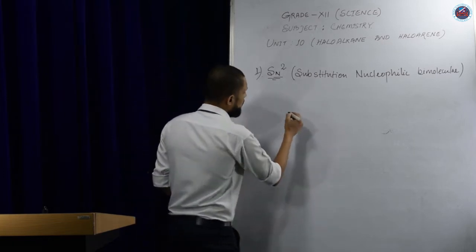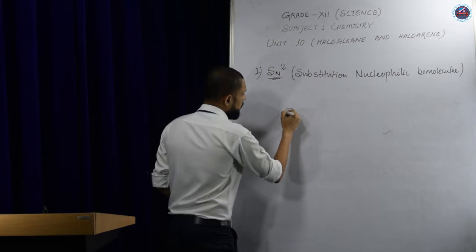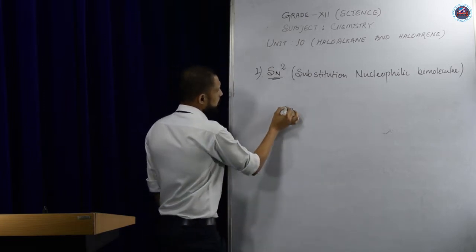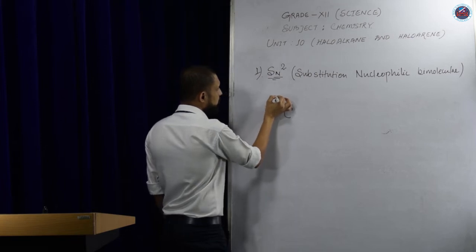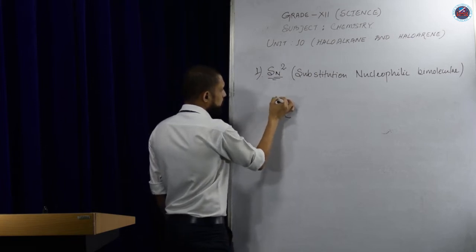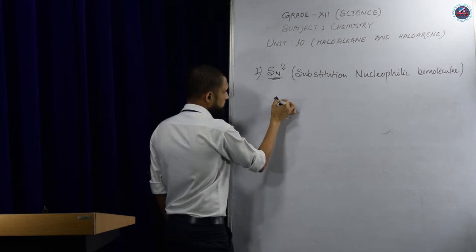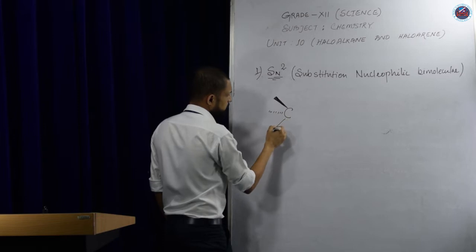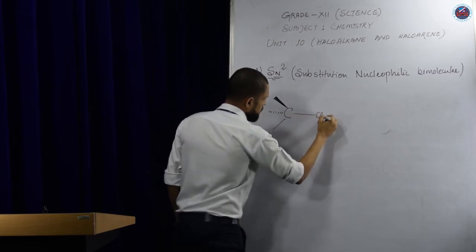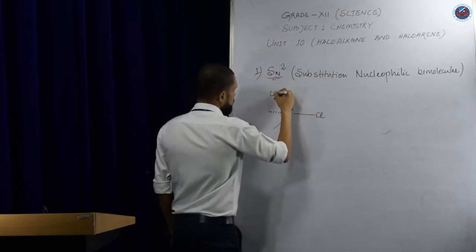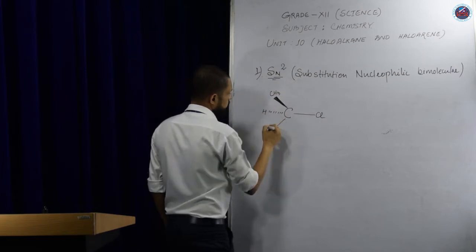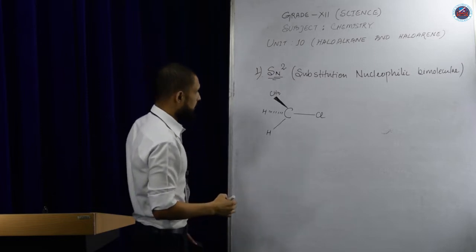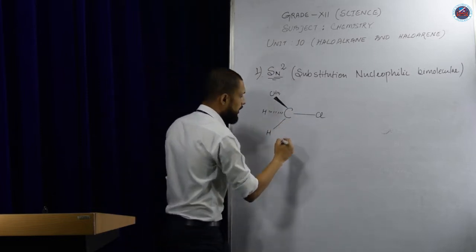So in this mechanism, we take a haloalkane and we consider the three-dimensional representation of haloalkane. So this is a three-dimensional representation of haloalkane. This is a primary haloalkane.